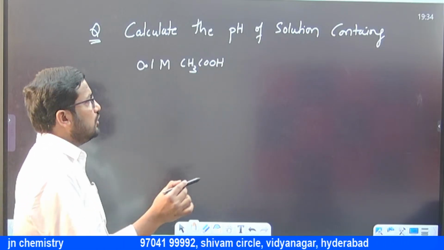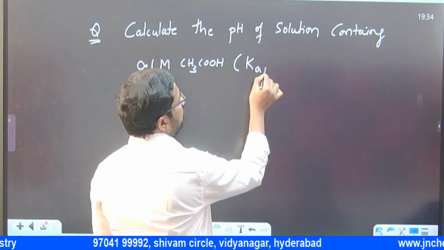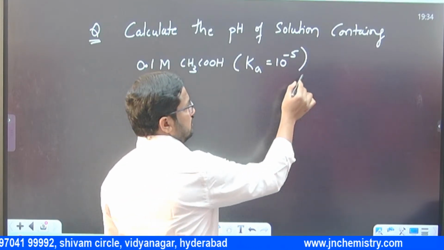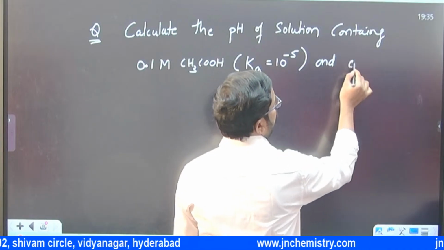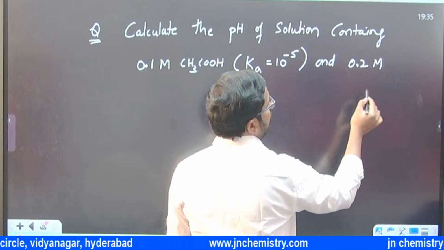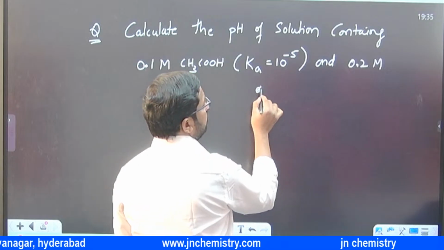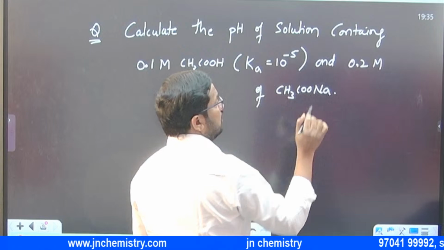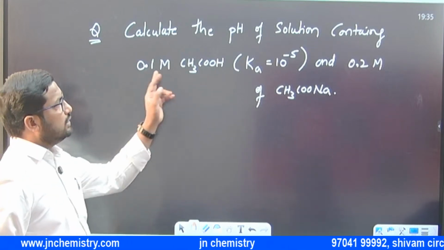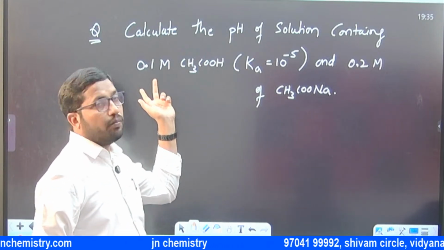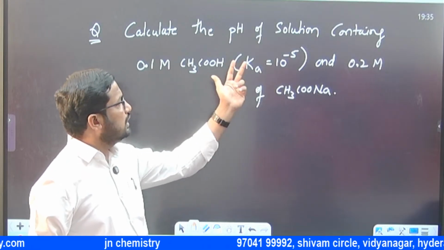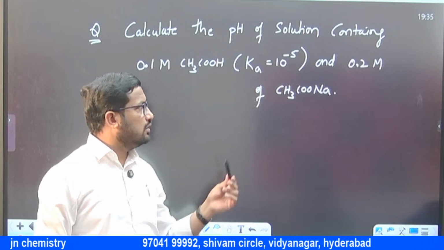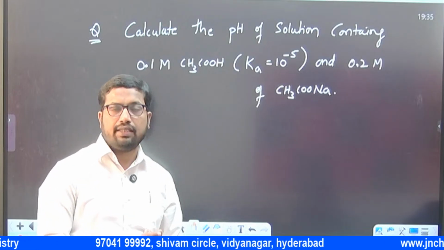Its Ka value equals 10 to the power of minus 5, and 0.2 molar of CH3COONa. Calculate the pH of a solution containing 0.1 molar of CH3COOH, Ka is given, and 0.2 molar of CH3COONa. Come on, do the question and let me know the answer.